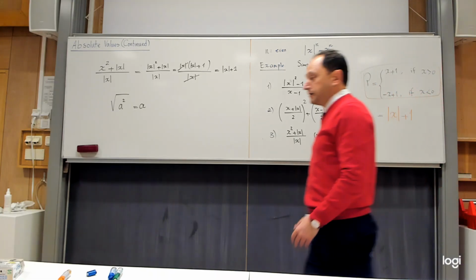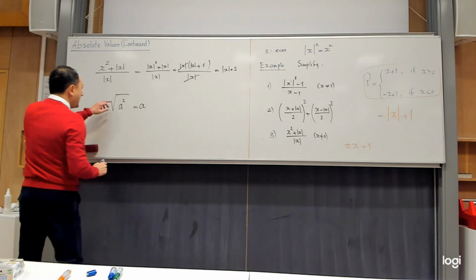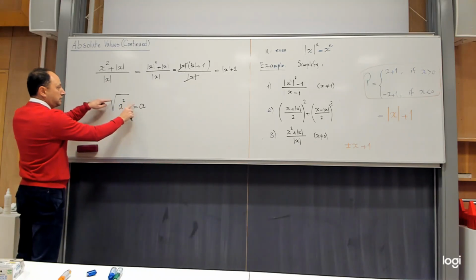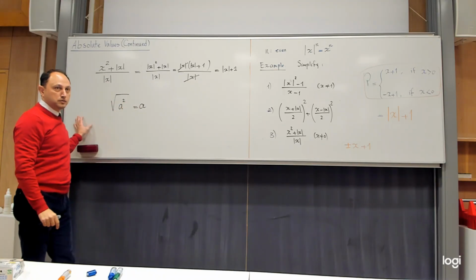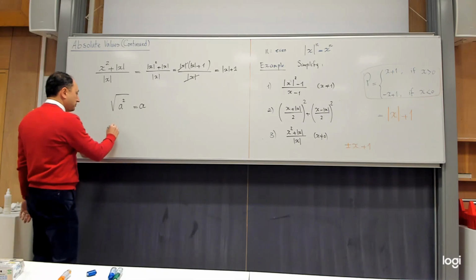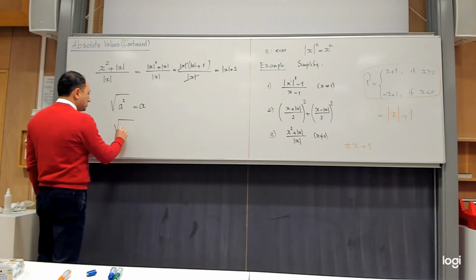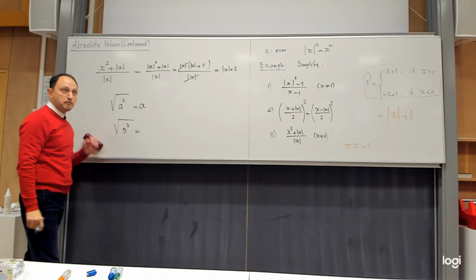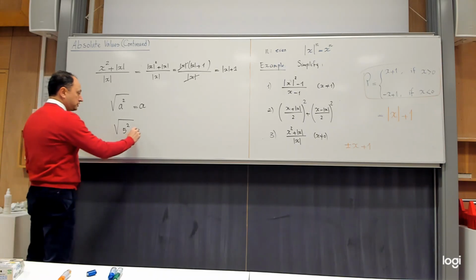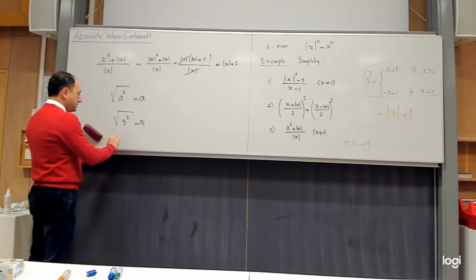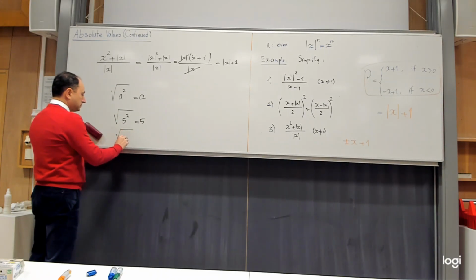Let us see why. If you naively simplify these two things, sometimes it is true, sometimes it is false. For example, let me change this number to 5. The square root of 5 squared, what's the answer to this? This is 5, definitely true. But let me ask you this.